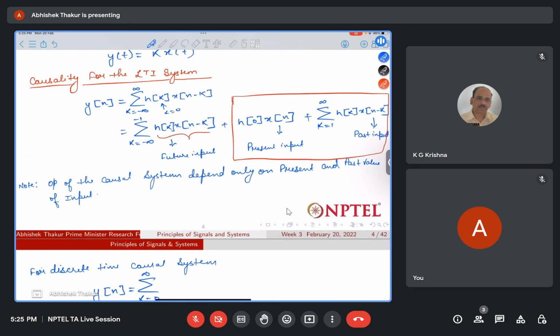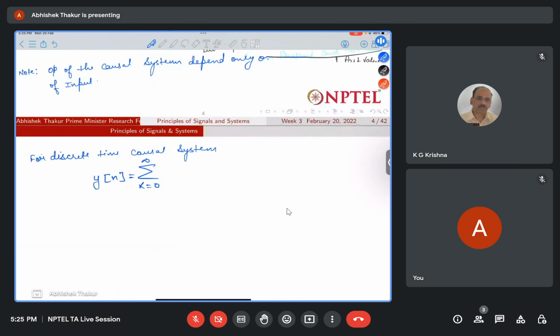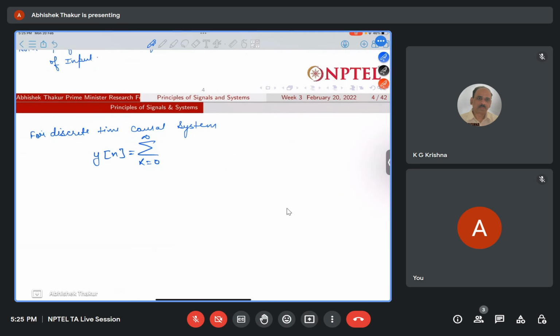We will take k equal to 0 here, and it was k from 1 to infinity there, so we are summing both the separate terms together now. So it will be k equal to 0 to infinity h[k] into x[n minus k].